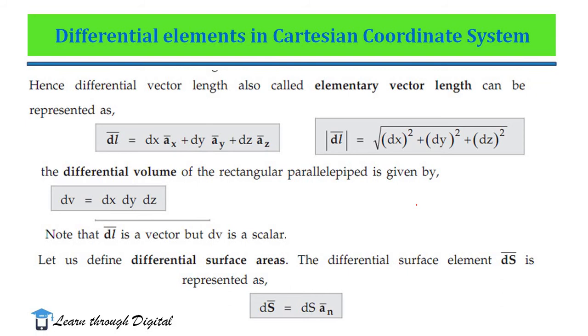Now point P is the intersection of 3 planes, while point P dash is the intersection of 3 new planes which are slightly displaced from our original 3 planes. These 6 planes together define a differential volume, which is a rectangular parallelepiped as shown in this figure.